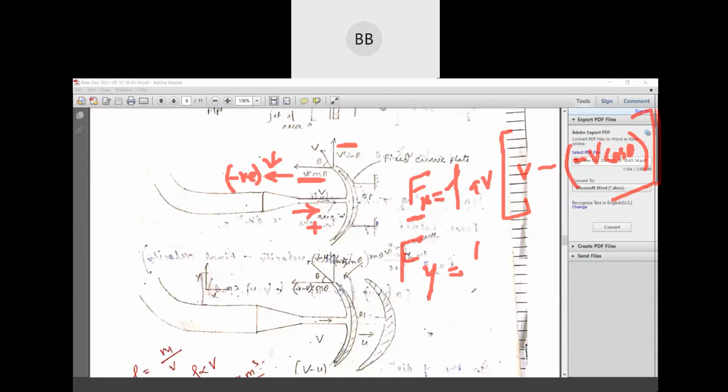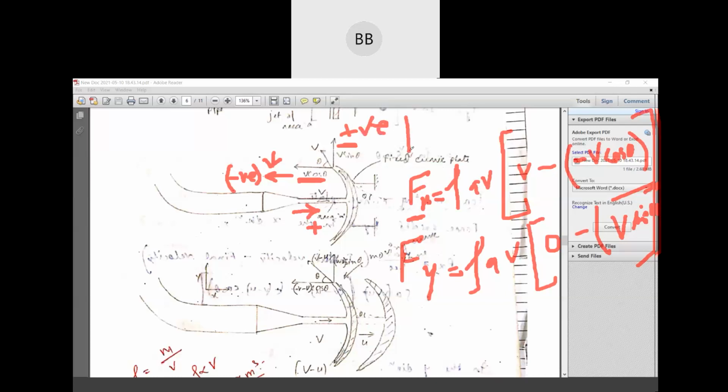If you consider F_y equal to ρaV. Before strike, the initial velocity in the y direction is 0. We don't have any y direction component before strike. After strike, we have V sin θ, and it's in the upper direction. We have considered this is positive.